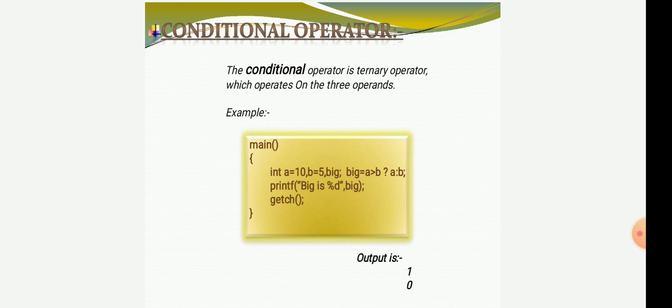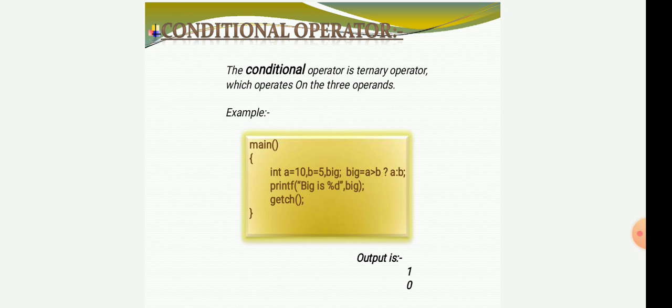Our first variable is a, our second variable is b, and our third variable is big. The variable a stores the value 10, and the variable b stores the value 5. Further you can see here we have a condition, and whatever the result is, it is stored in the big variable. The condition is a is greater than b, question mark, a colon b semicolon.